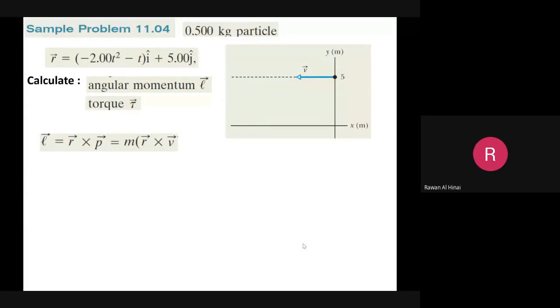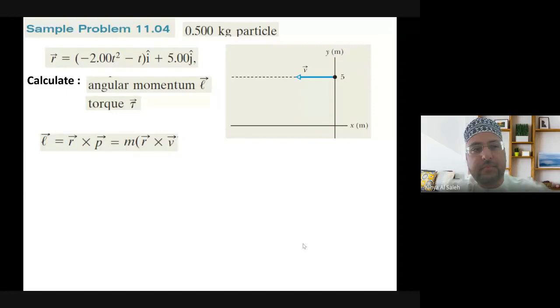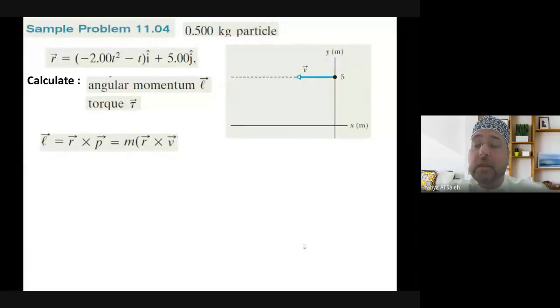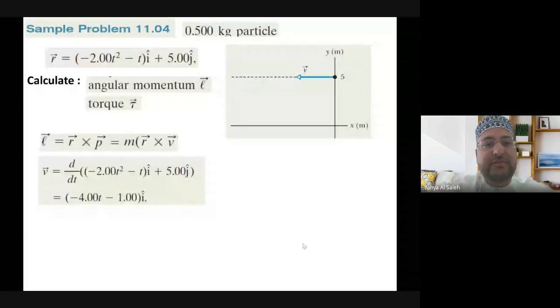Derivative of r. Good. So you remember this from chapter 2. We take dr by dt and we get v. So dr by dt, we end up with minus 4t minus 1 in the i direction. j was a constant, so it just goes away.